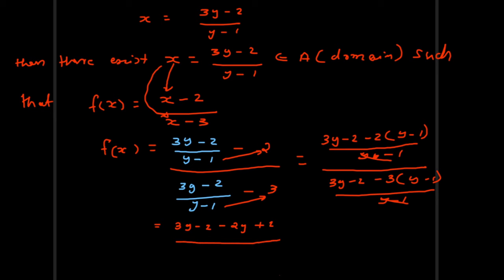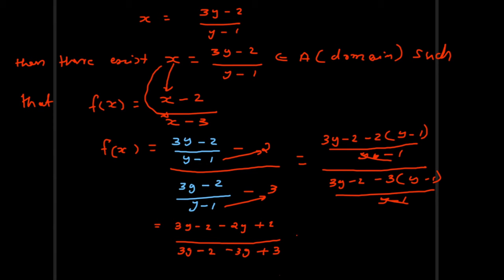all divided by 3y minus 2, then minus 3 into y, minus 3y, then minus 3 into minus 1, plus 3.